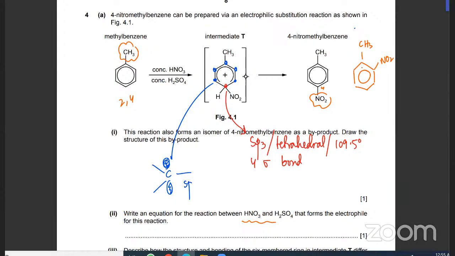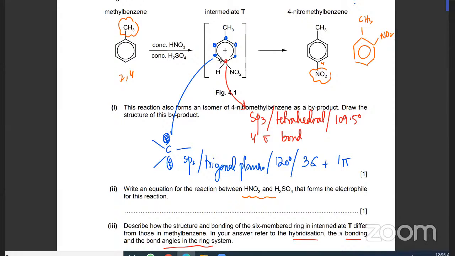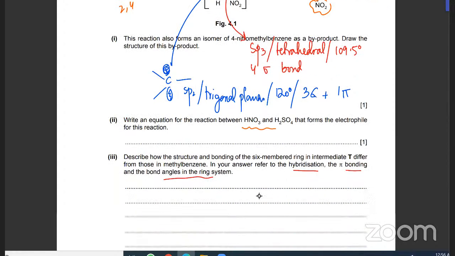So all the other 5 carbon atoms are sp2 hybridized, their shape is trigonal planar, the angle is 120 degrees, and they make 3 sigma bonds and one pi bond. You just have to write this in words. If you had benzene, all 6 would have been exactly the same, but right now one of them is making 4 bonds.